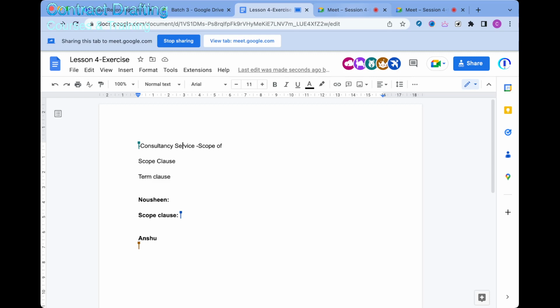So the first statement can be that the service provider has agreed to provide the consultancy service. But I want you to think of the scope clause. What all should be there as part of consultancy service? What should be there in a scope? So think about specifics of that scope clause. All right, sir. Thank you.